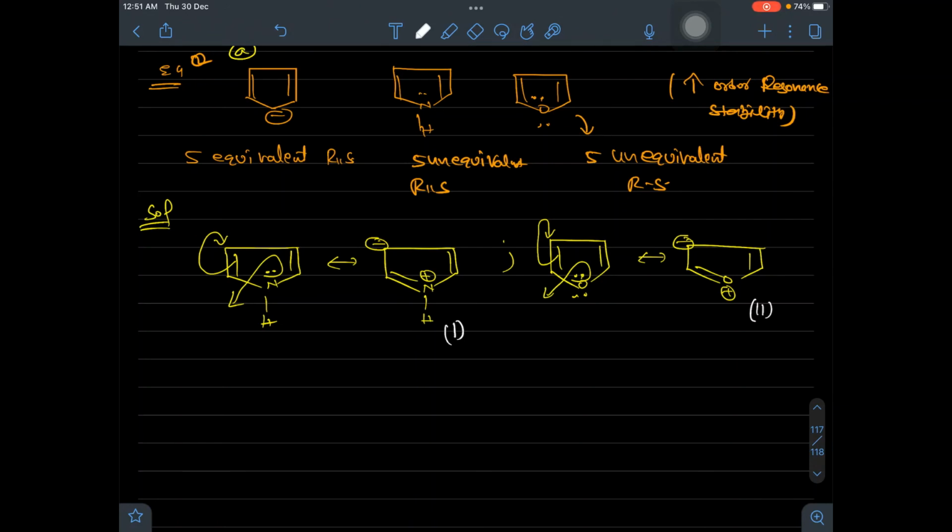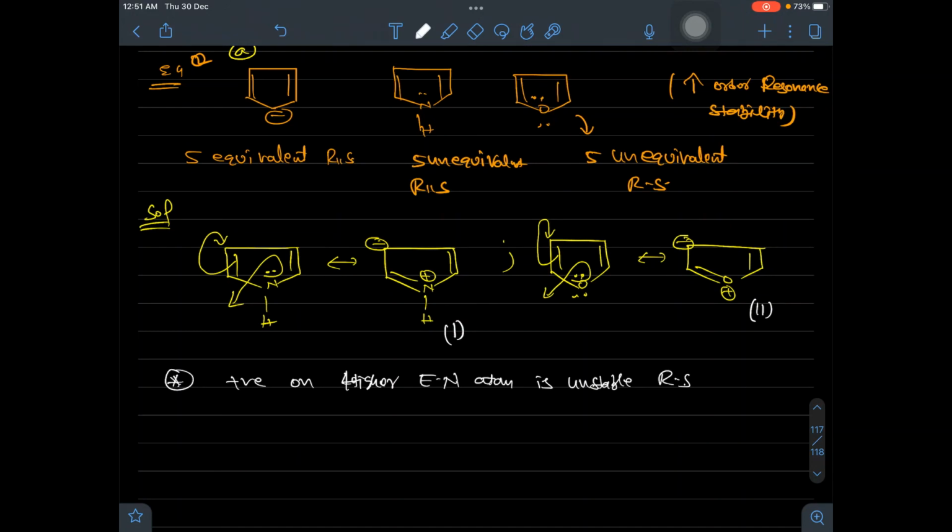In the resonance stability video, I have written one of the points to predict the stability of a resonance structure: positive charge on a higher electronegative atom is an unstable resonance structure.